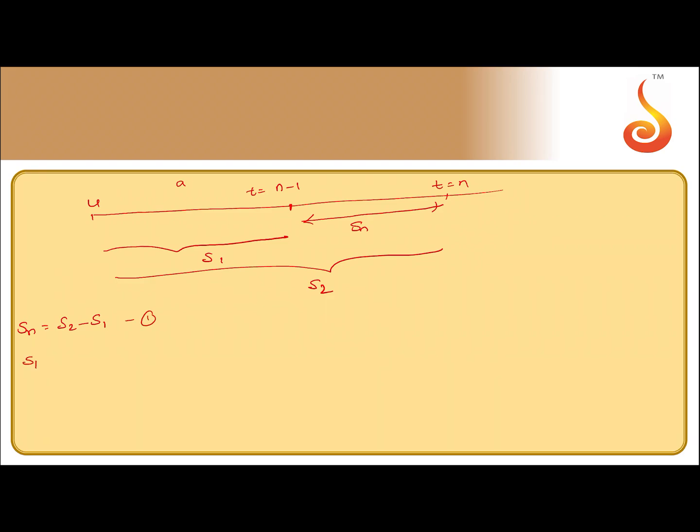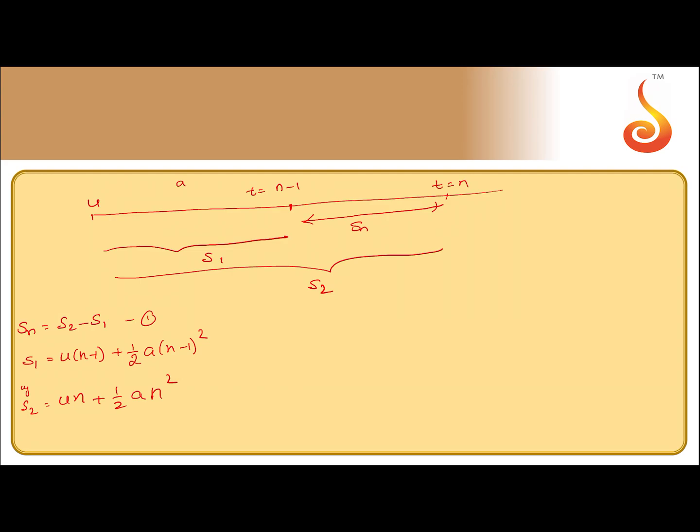What is S1? S1 is equal to u into n minus 1 plus half a into n minus 1 square. I am using S is equal to ut plus half a t square. Similarly, S2 is equal to ut plus half a t square.